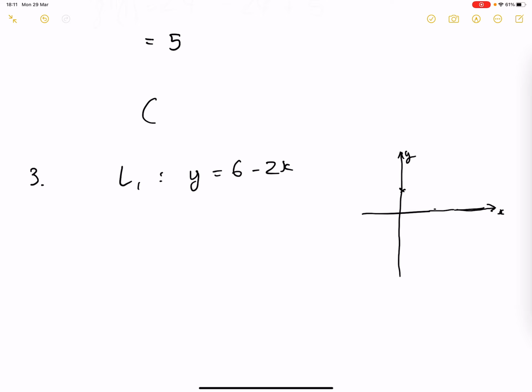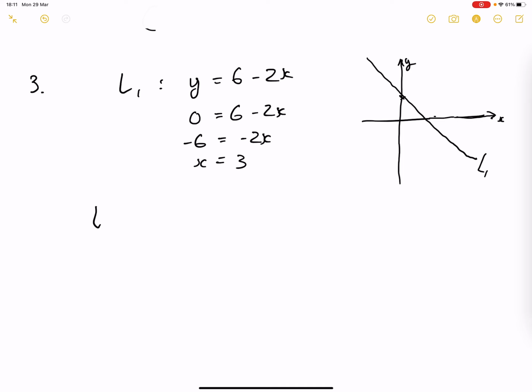I can also work out the x-intercept: when y is equal to 0, 6 minus 2x, so therefore minus 6 is equal to minus 2x, x is equal to 3. Okay, so it will pass through those points, so that's my line L1.